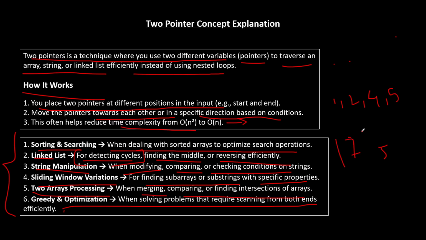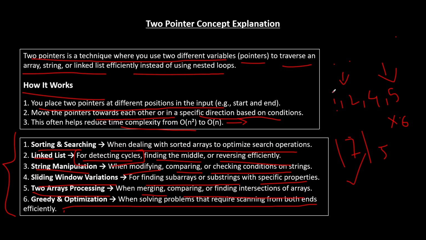The optimized way using two pointers would be: we start one pointer from the start and one from the end. We add these two values, we get 6. So from here we understand that 6 is less than 7, so we try to move the left pointer towards the right. 2 plus 5, we get 7, so we got our output.